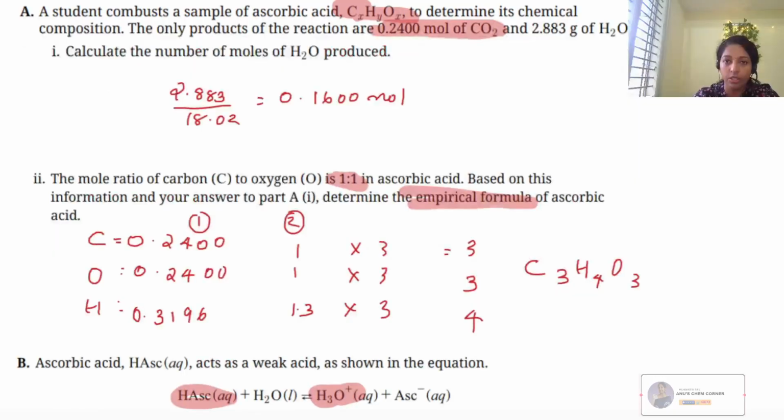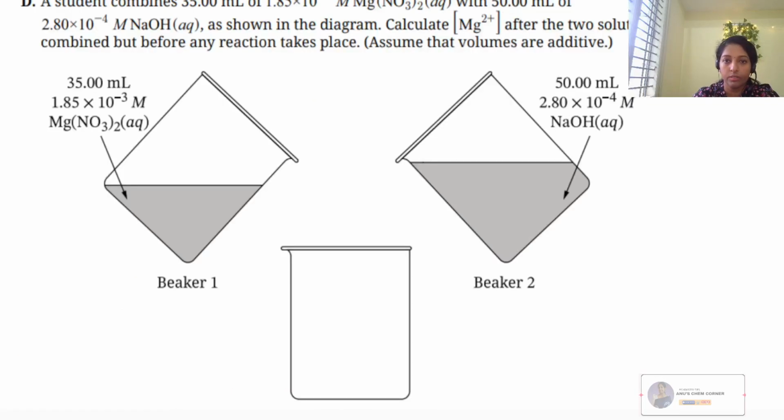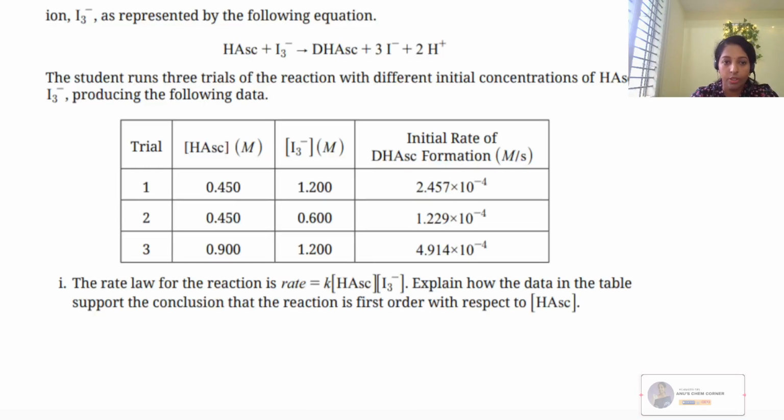Then the next question. Okay. Then the next question: this ascorbic acid reacting with the I3 minus, and the reaction is given. See the rate, something related to kinetics is given. Okay, so trials are there and the different concentrations and different rates are given.